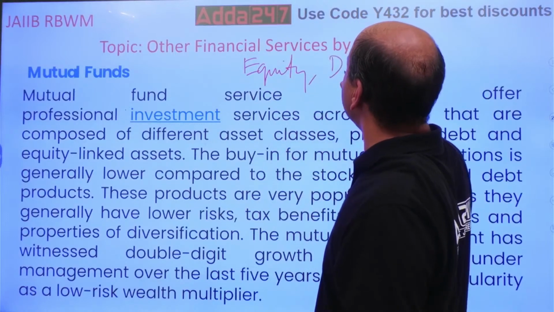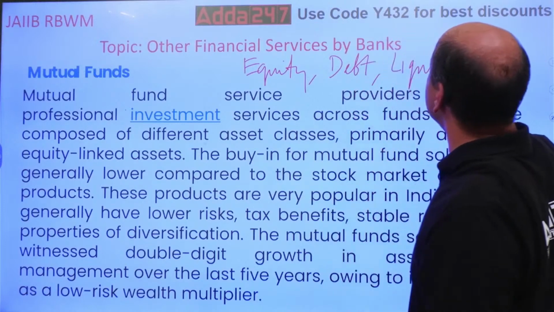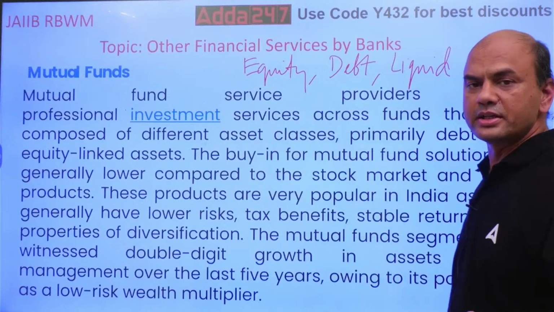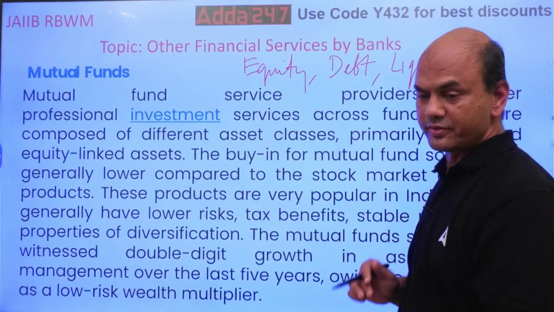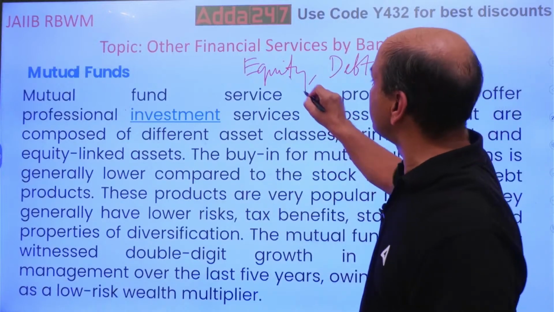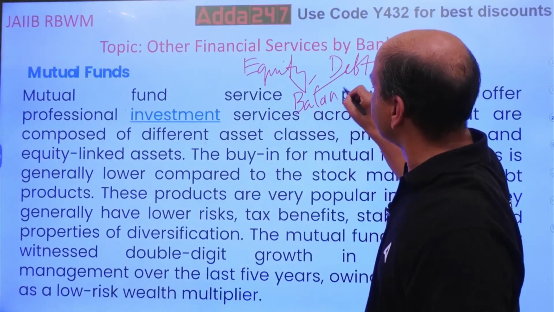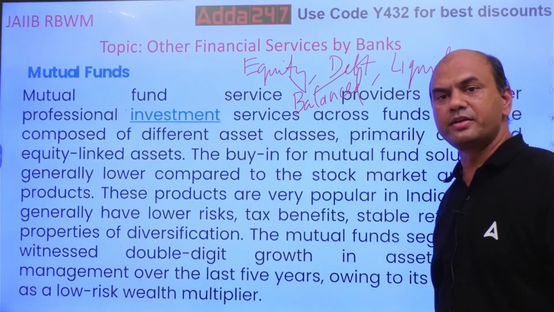Debt means related to bonds, and liquid is related to simple T-bills or government bonds where the principal is safe. Now there is a combination of equity and debt that is called a balanced fund.